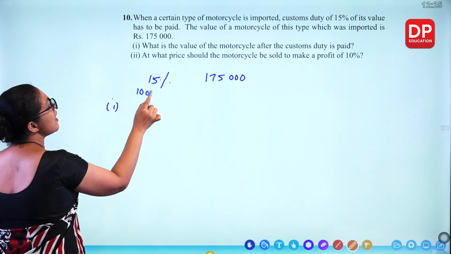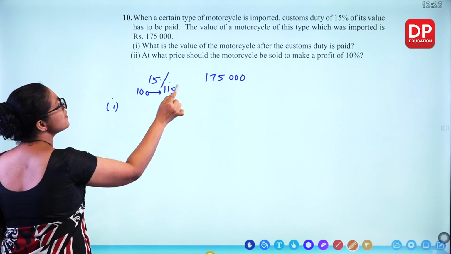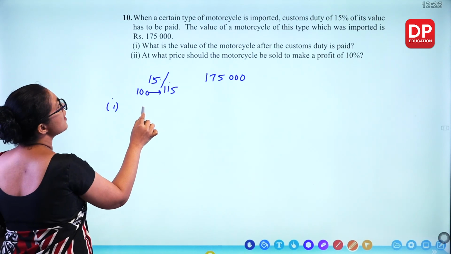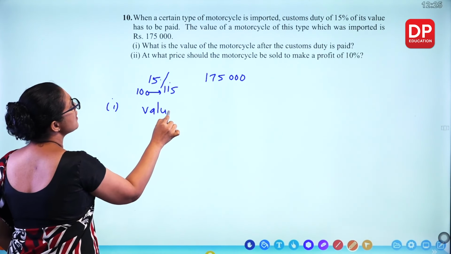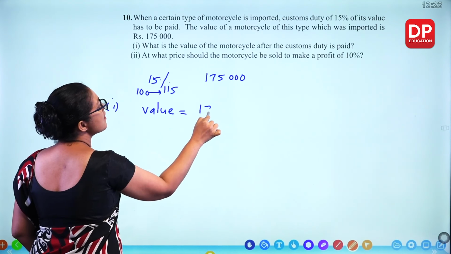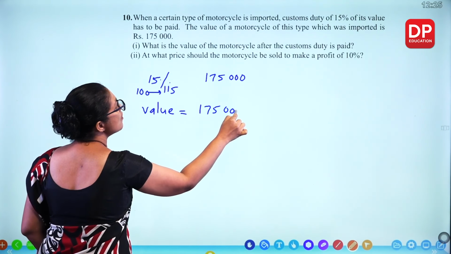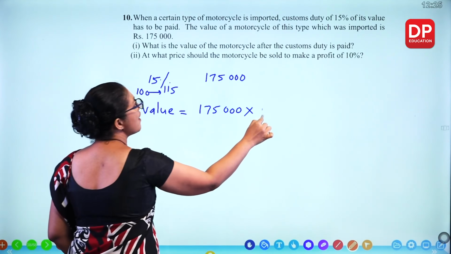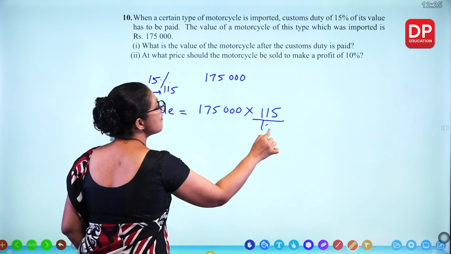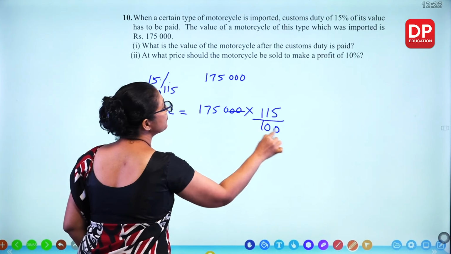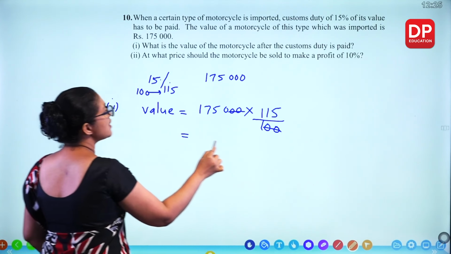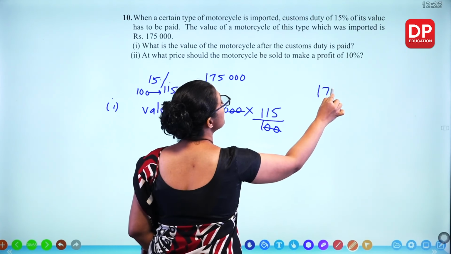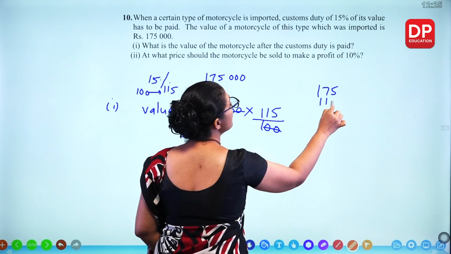If the cost is 100, you have to pay 115. So straight away you can find out the value with the custom duty. That's 175,000 rupees multiplied by 115 divide by 100. So multiply 175 with 115.